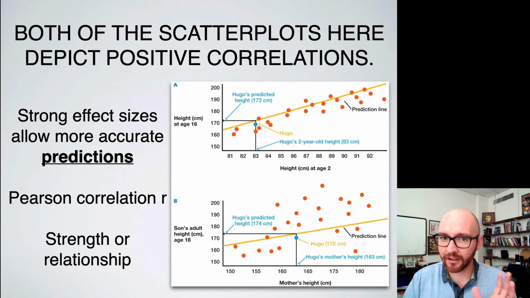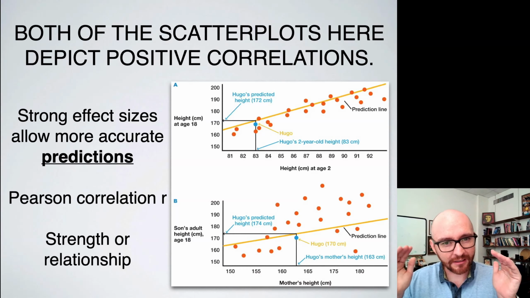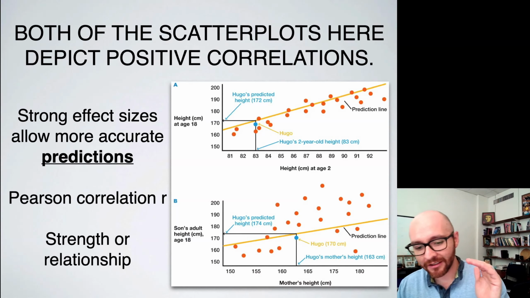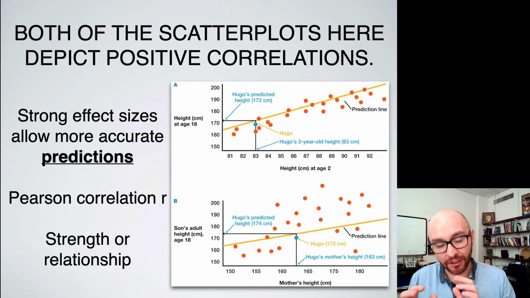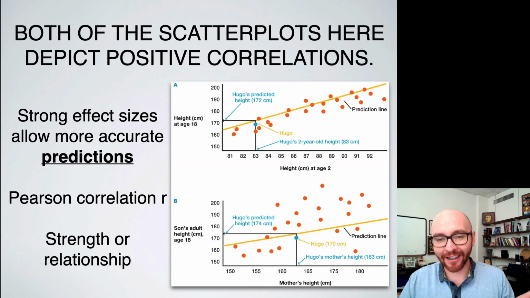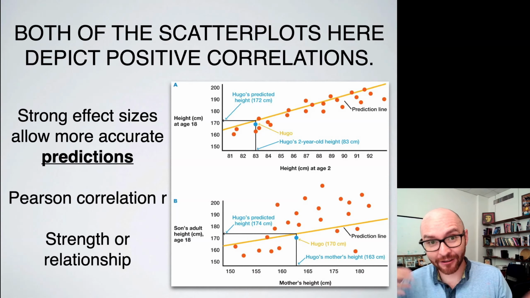I'm not going to go into the causal part because you might be thinking, that sounds like causal. We still can't claim what's causing which, although in these examples, you might be on stronger footing to claim it's causal, just because it wouldn't make sense for height at age 18 to cause height at age 2. You can't go back in time.